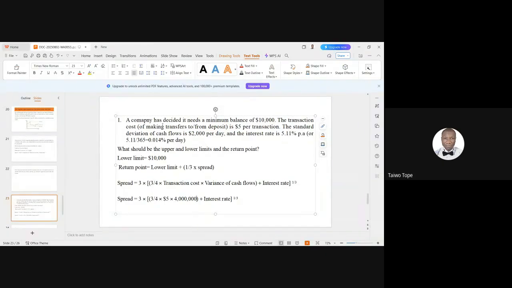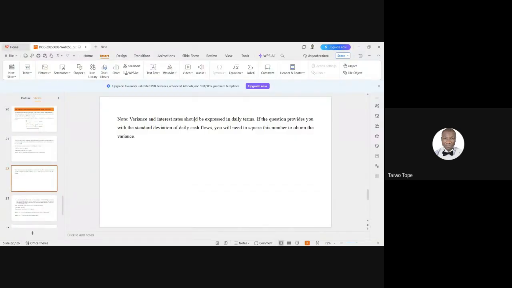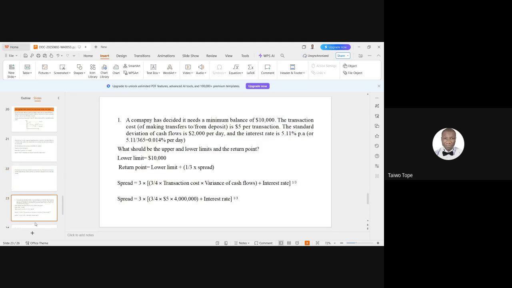They gave you standard deviation. And we explained before that where you are not given variance and you are given standard deviation, you square your standard deviation to get your variance. That is statistics. Hope that is clear.